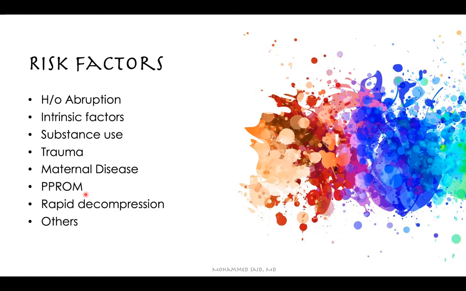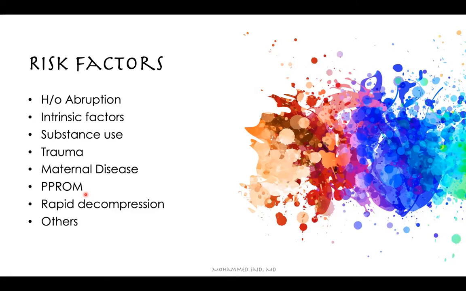So when you have placental abruption, the bleeding and the consumptive coagulopathy, you're going to have thrombin production from the abruption, which is going to stimulate the cytokines and the proteases that are going to break the membranes, and PPROM is going to happen. And it goes all the way around.